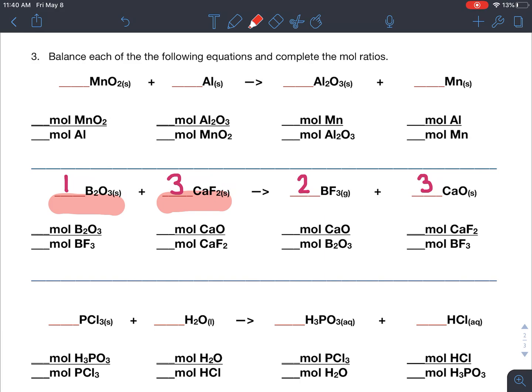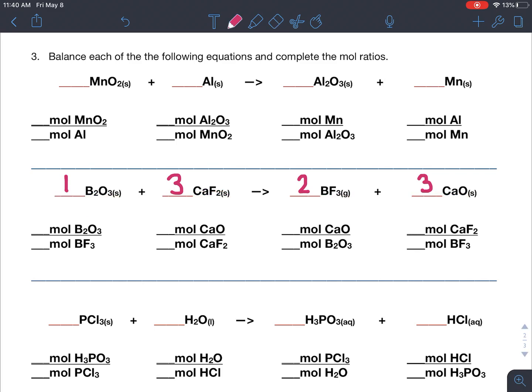And if I have a 1 to 3 ratio, then I can produce a total of 2 moles of BF3 and 3 moles of CaO. So when those compounds are produced, that's the maximum amount I could get if I had perfect conditions.